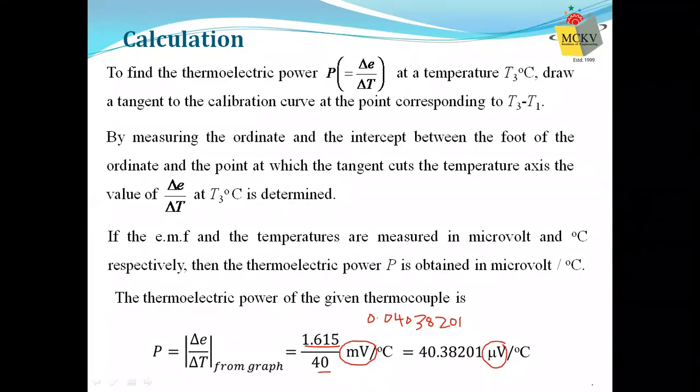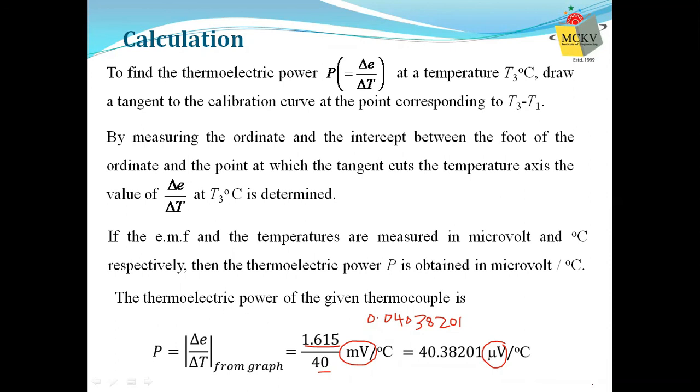So basically, what is thermoelectric power? The physics of it is the amount of EMF generated per unit change in temperature, or difference in temperature between the junctions. So let us say 1 degree difference of temperature between the junctions creates this much EMF. That is the power.